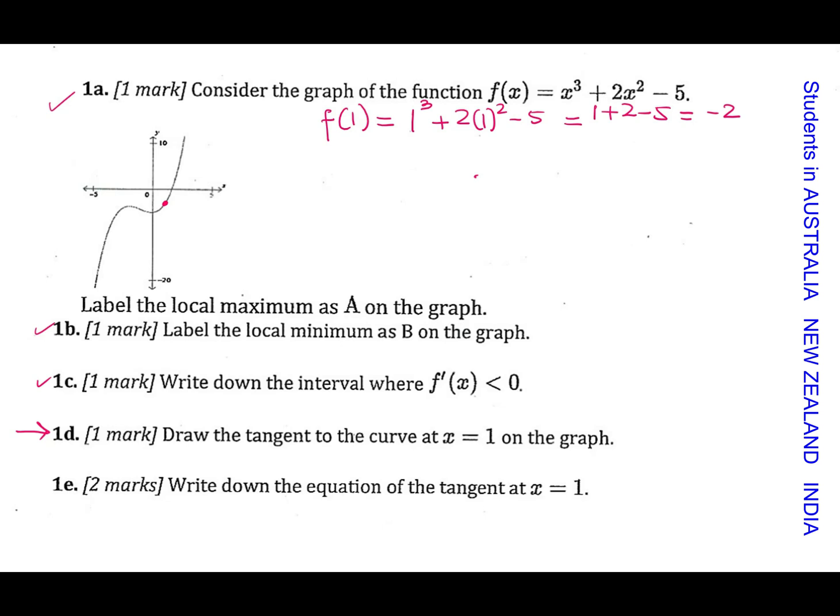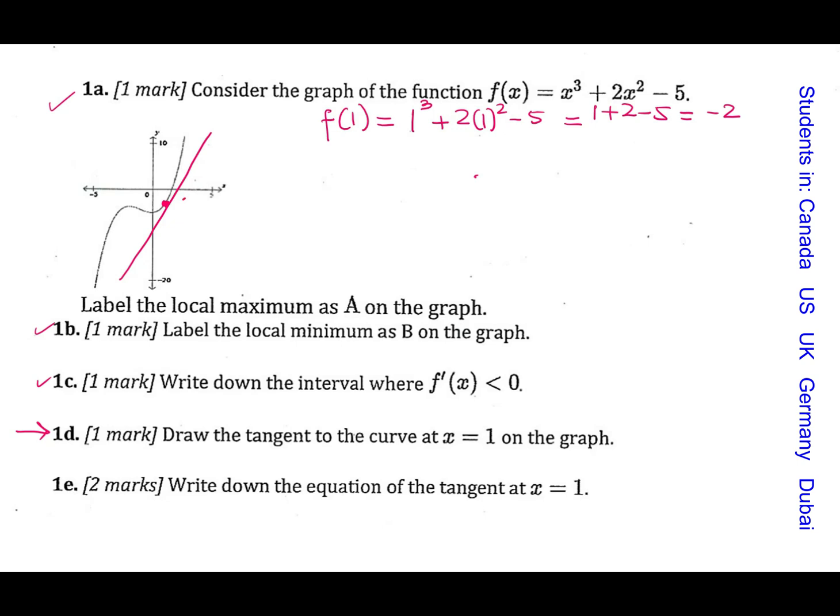And if I draw a tangent here, how will it look? Let me just draw a rough tangent here. So that could be the tangent. Let me redraw, right? Touching, there we go. So we'll assume this is touching the graph at the point 1, minus 2. It is in quadrant 4.